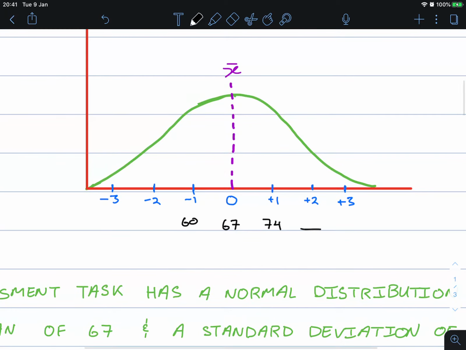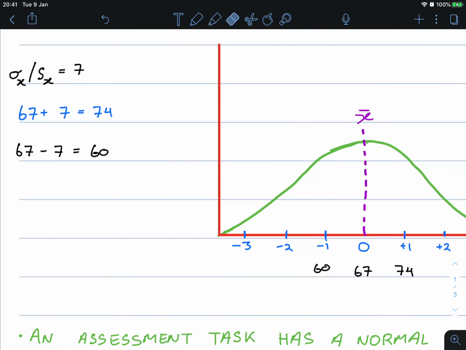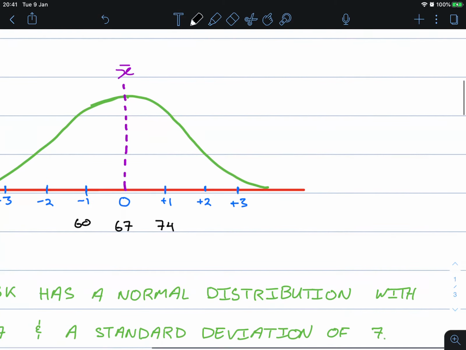And this continues. You can go ahead, fast forward this part if you understand. You can copy along and fill it out yourself. But let's do it now. Let's do 67 plus 2 times the standard deviation. That's going to be 67 plus 14, which is going to be 81.